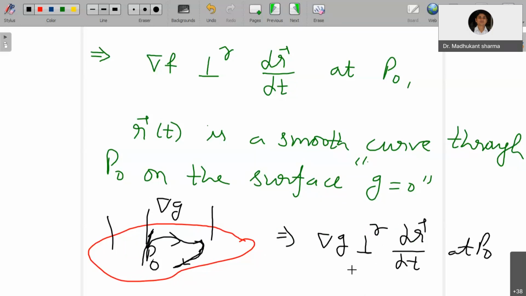Now what these two facts give you is that grad F is orthogonal to dr by dt, and grad G is also orthogonal to dr by dt. So both are perpendicular to it, which means they should lie in the same direction. There's no other way, since we are not talking about the zero surface. So grad F is parallel to grad G at P naught.